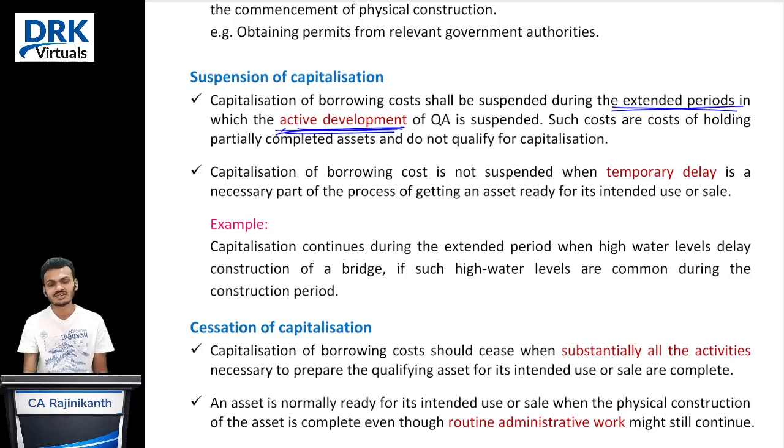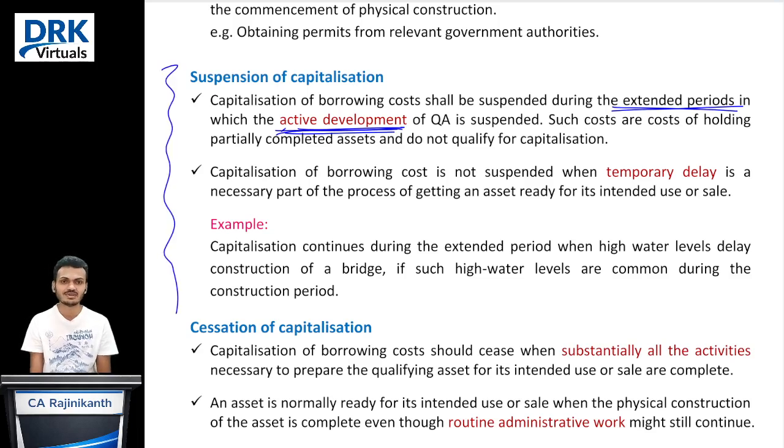And in some other cases, while construction is going on, a 5 day or 1 week break may be there. We should not do anything during that period, 4, 5 or 6 days, before going for the next activity. During that period also, we should not suspend the capitalization because they are a normal part of the construction process. Clear? So this is all about temporary suspension, meaning temporary stoppage of capitalization.